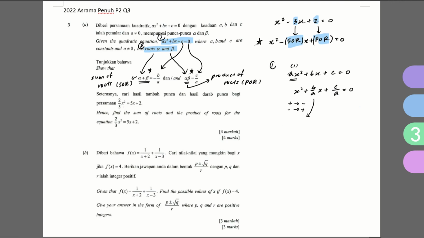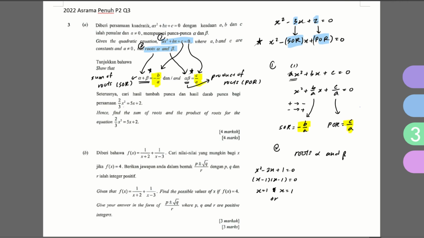So here our SOR would be negative b over a. Later I'll explain why we need to do so. For POR, we can just straight pull out, which is c over a. If you compare these two things with the two equations that we need to show, these are actually the values on the right side.